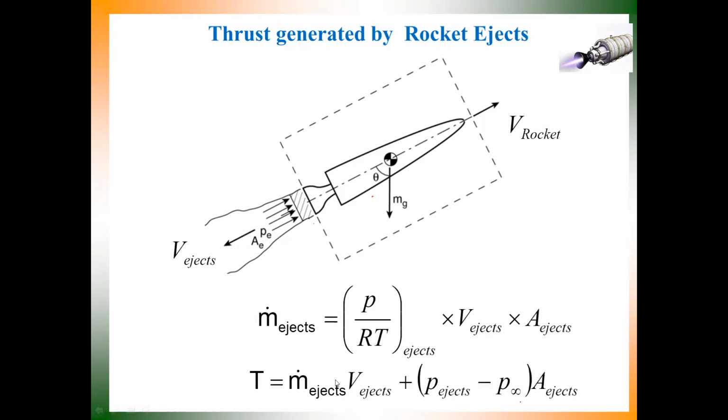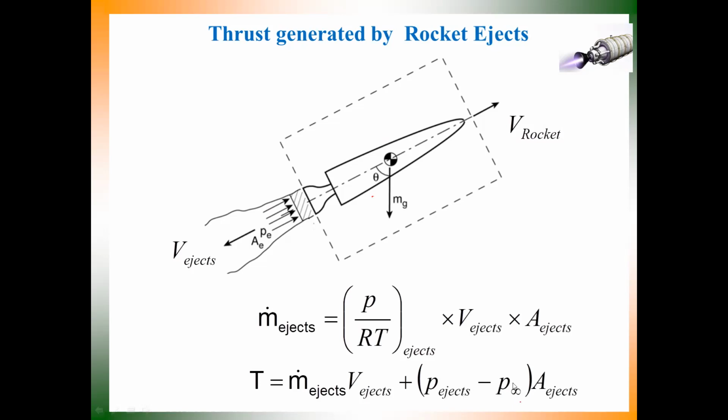So the thrust force T is equal to m dot v. M dot means the mass flow rate, the amount of propellant consumed within a second. Then plus (P exit minus P infinity) times the area of ejection, where P infinity is just the atmospheric pressure.